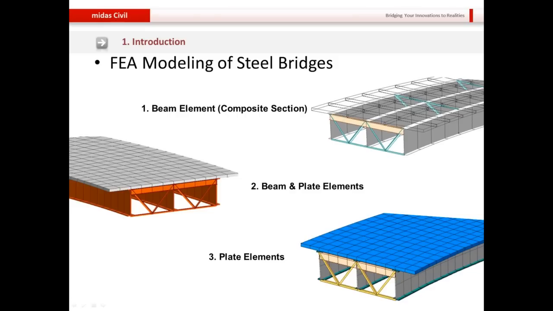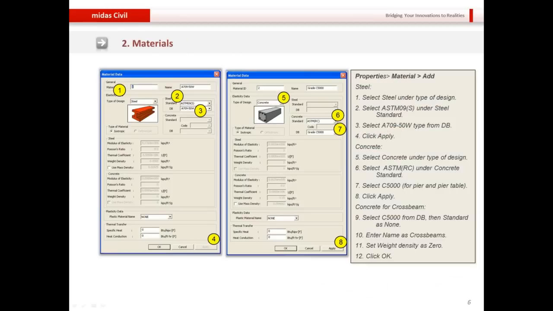The third method has more plate elements, and that will be more beneficial when you want to study the local buckling of webs, or see other effects which you cannot see in single linear beams. All right, so let me open the software and show them.